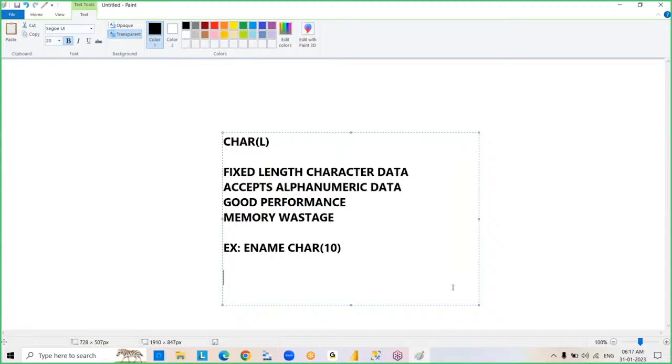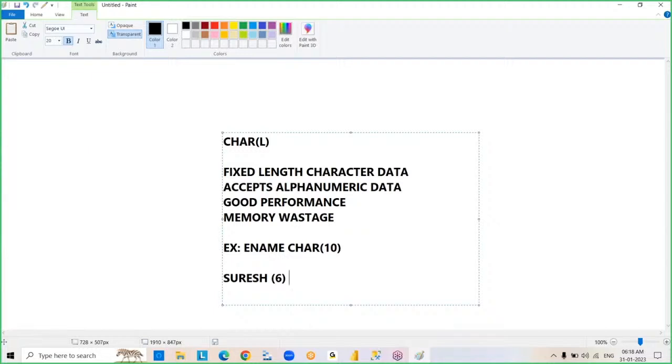That means a maximum of 10 characters can be inserted into the ename column. Suppose I'm inserting my name Suresh. How many characters are there in this name? 6.